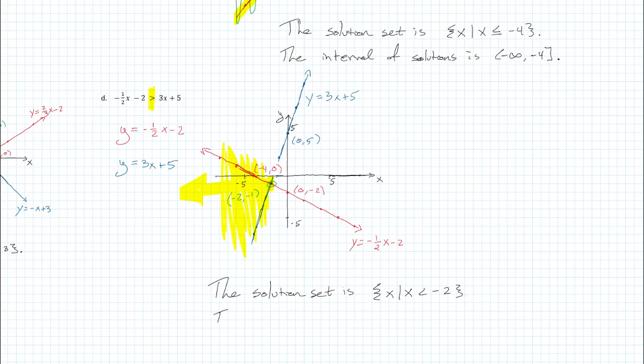And we can say that the interval of solutions is all the numbers from negative infinity up to negative 2, not including negative 2, so we'll use a parentheses around that. Always use a parentheses around the infinity or negative infinity. And that's it. Put a period and we are done.